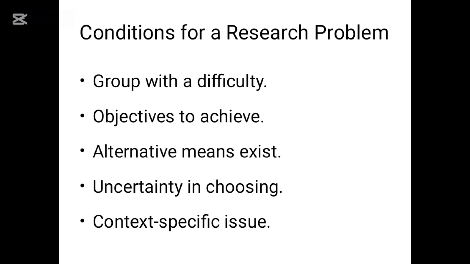So there must be alternative means or courses of action for obtaining the objectives one wishes to attain. And then there must be some doubt in the mind of the researcher with regards to the selection of alternatives. Also, there must be some environment to which the difficulty pertains.